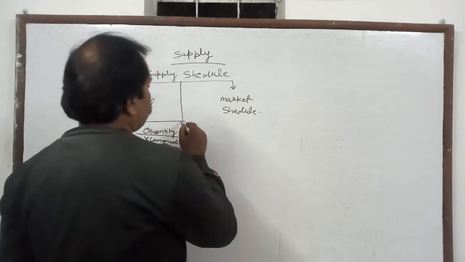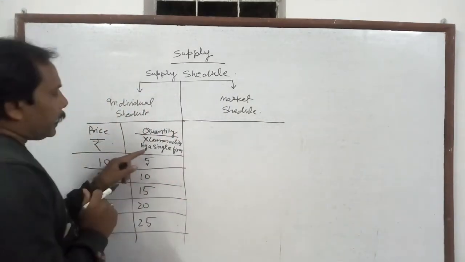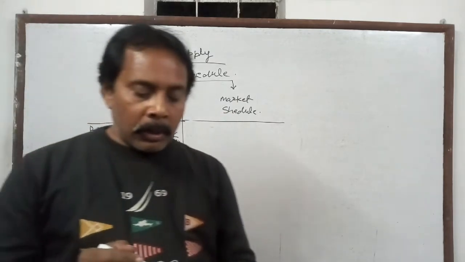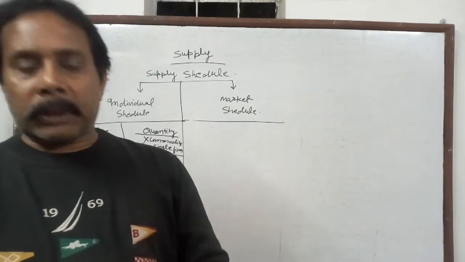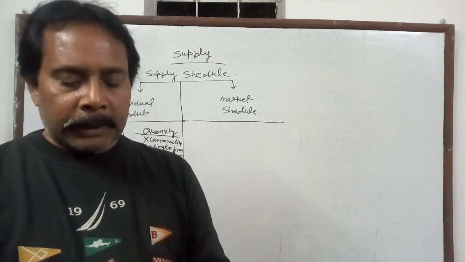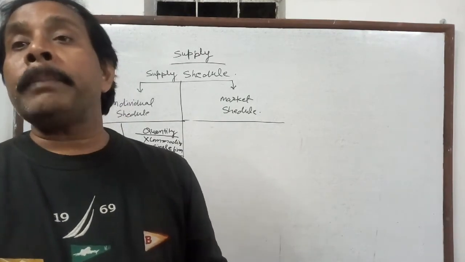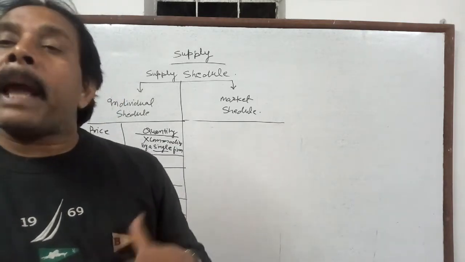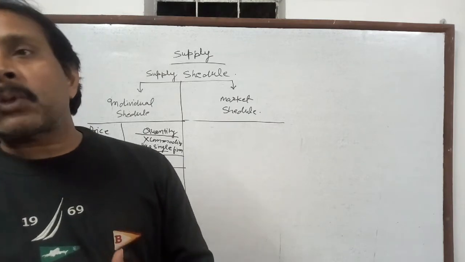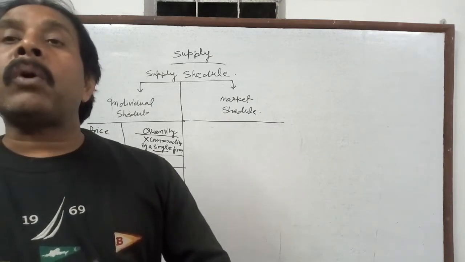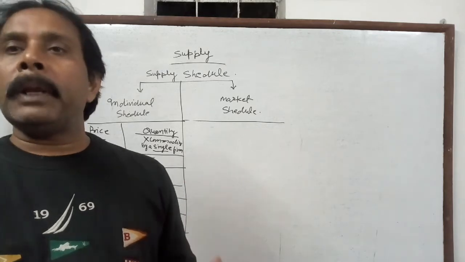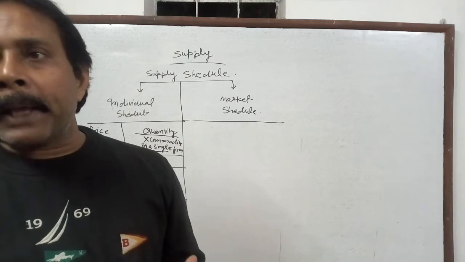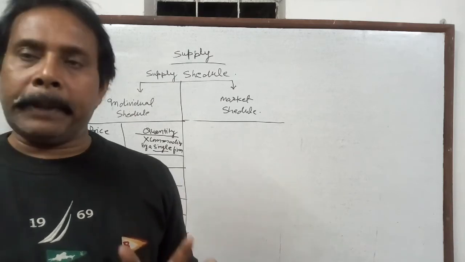Now come to the market schedule. So here I have written a single firm, but in case of market schedule, in place of single, you will say the term all the firms. So market schedule refers to a tabular statement showing various quantities of a commodity that all the producers are willing to sell at various levels of price during a given period of time.